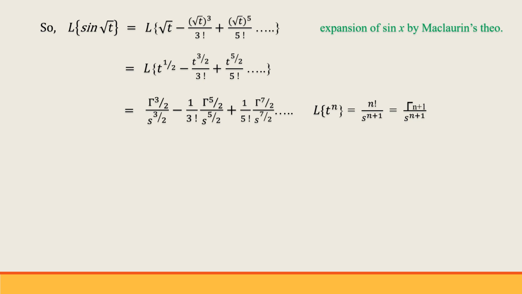Likewise, gamma 5 by 2 is 3 by 2 into 1 by 2 into under root pi by 2, and like that we get under root pi by 2 into s raised to the power 3 by 2 minus under root pi by 8 into s raised to the power 5 by 2 plus under root pi by 64 into s raised to the power 7 by 2 and so on.